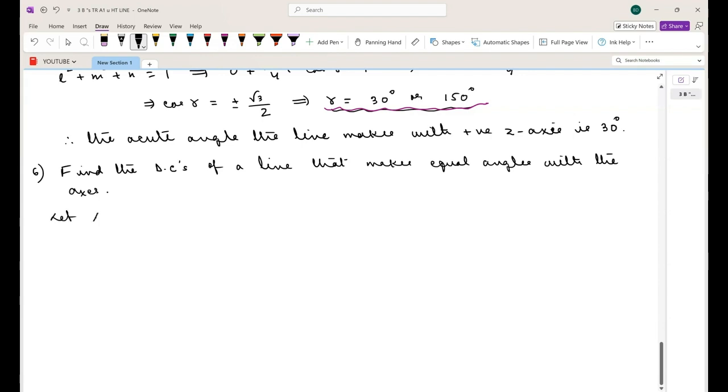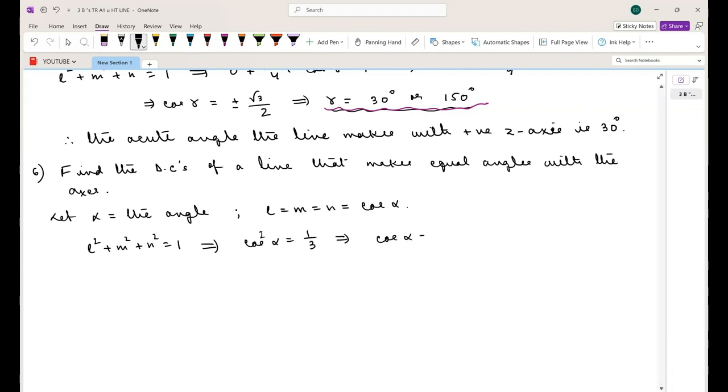Let alpha be the angle. Since they are equal, all the three direction angles are alpha. So my l, m, n, each is cos alpha. l square plus m square plus n square equal to 1. From there we get cos square alpha equal to 1 by 3. So cos alpha equals either 1 by root 3 or minus 1 by root 3.